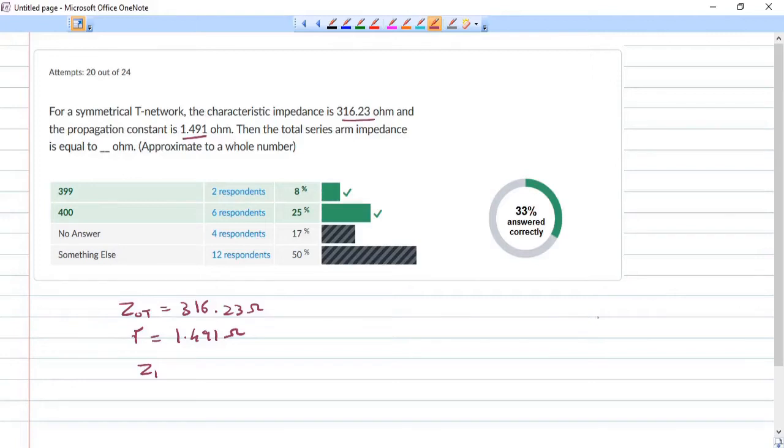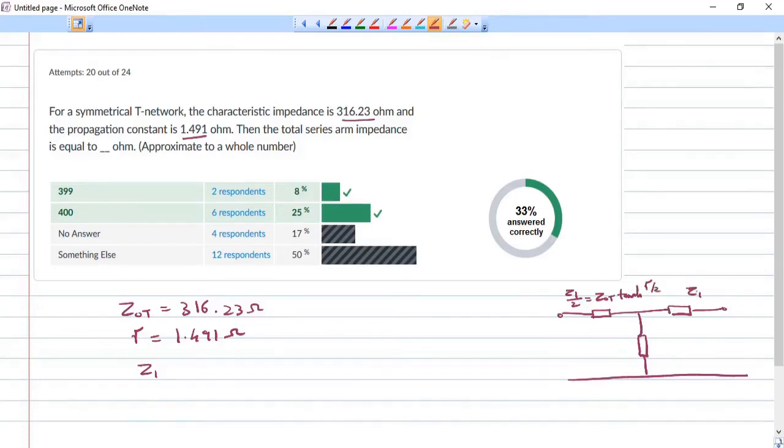So we have derived that a T network could be represented in terms of its characteristic impedance Z0 and its propagation constant gamma. So the series branch elements Z1 by 2 will be equal to Z0T tanh gamma by 2.